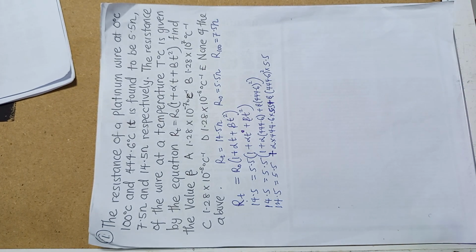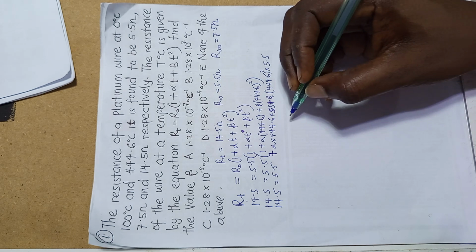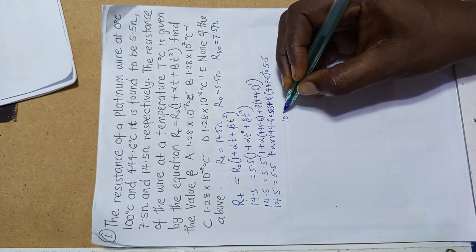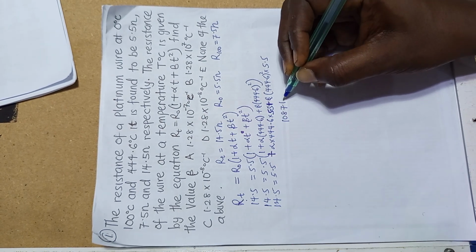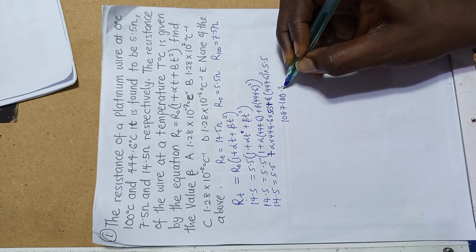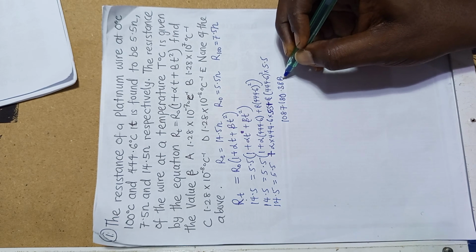So what I want to have is 444.6 square times 5.5, which gives 1087180.38 beta.